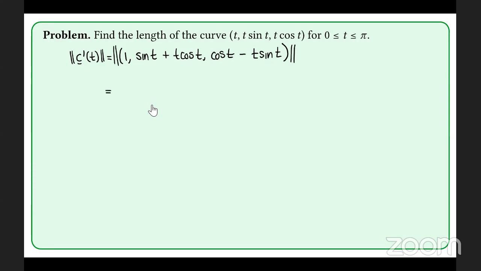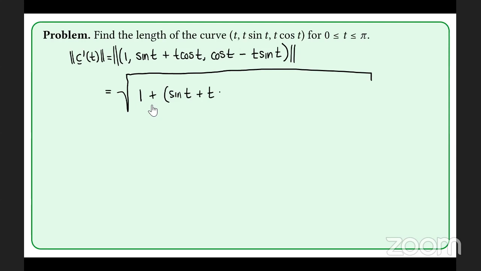So that's going to be the square root of the sum of the squares of each of those entries. So that's 1 plus sine of t plus t cos of t, all squared, plus cos of t minus t sine of t, squared. And I hope this works.